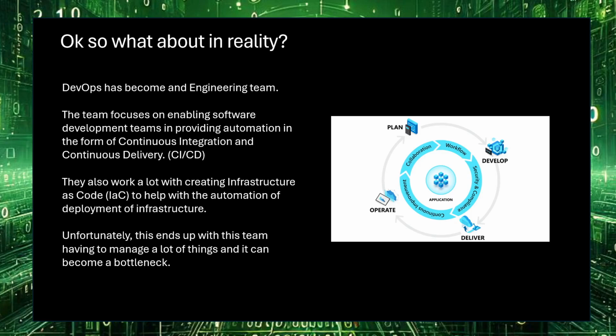And unfortunately, this means that the team tends to manage a lot of things and it can become a bottleneck. This is kind of against those core ideas that we mentioned in the definition about DevOps being a culture. By condensing that culture into one team and putting all these people into this one team, it becomes very difficult for them to scale, and that starts to cause some problems.